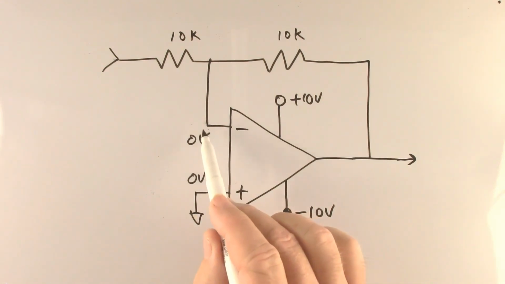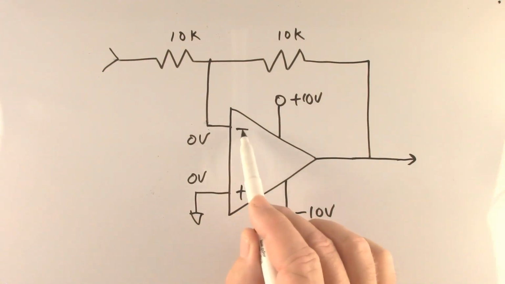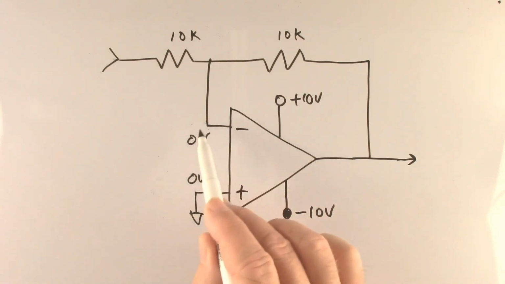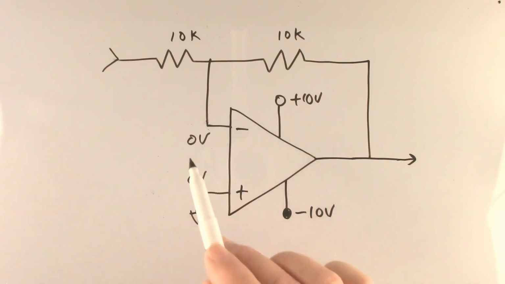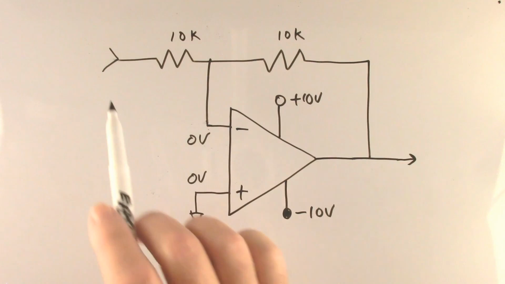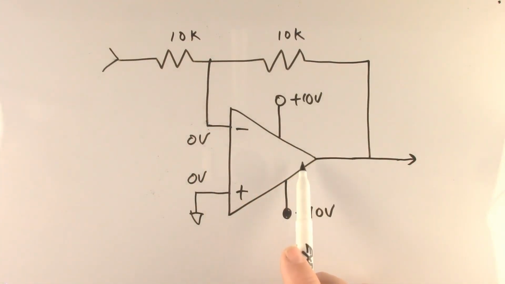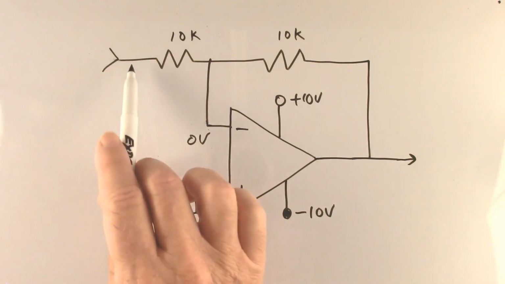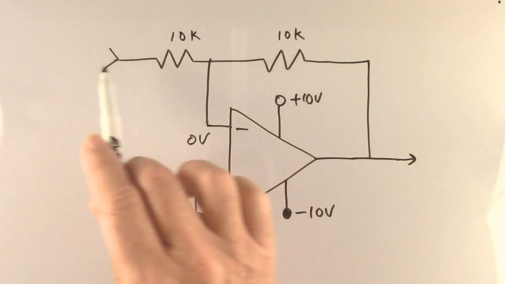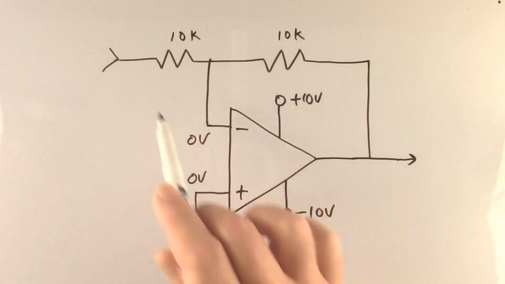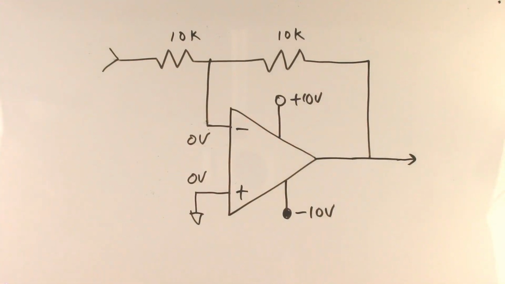And there is no current flowing into this op-amp, so that means that this really isn't like a ground. But then again it is, because any current that flows into here will eventually flow into the output of the op-amp, or vice versa. Any current that flows out of here will come from the op-amp output. So in a way it does act like a ground. So okay, I will concede to that and call that a virtual ground.